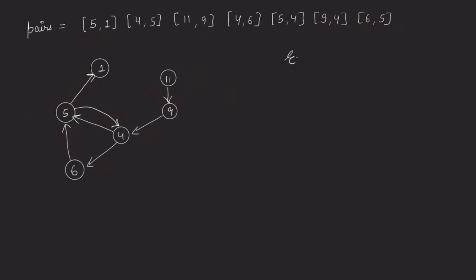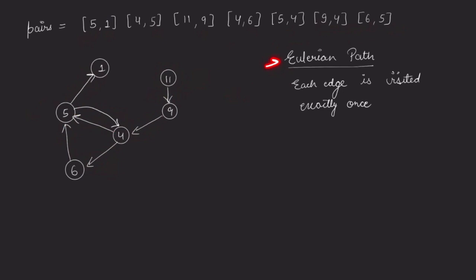In an Eulerian path, each edge of the graph is visited exactly once, and we have covered all the edges. So we need to find an Eulerian path in our graph. Since it is given that a valid arrangement will always be possible, an Eulerian path will always exist in our graph.